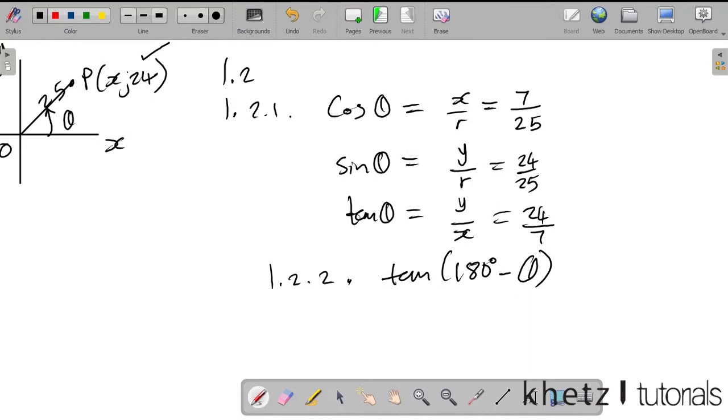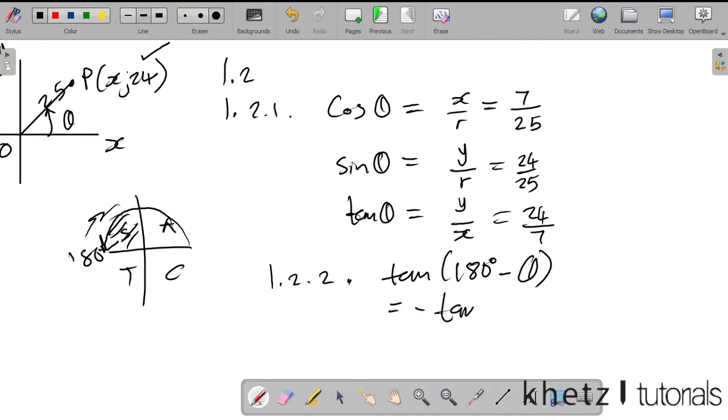If you look at the CAST diagram, 180 degrees subtract theta lands in the second quadrant, and tan is negative in that quadrant, which means we have negative tan theta. We know that tan theta is 24 divided by 7, and therefore the answer is negative 24 divided by 7.